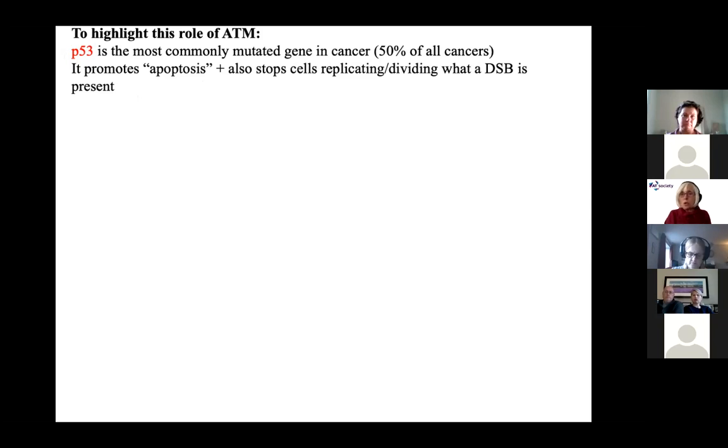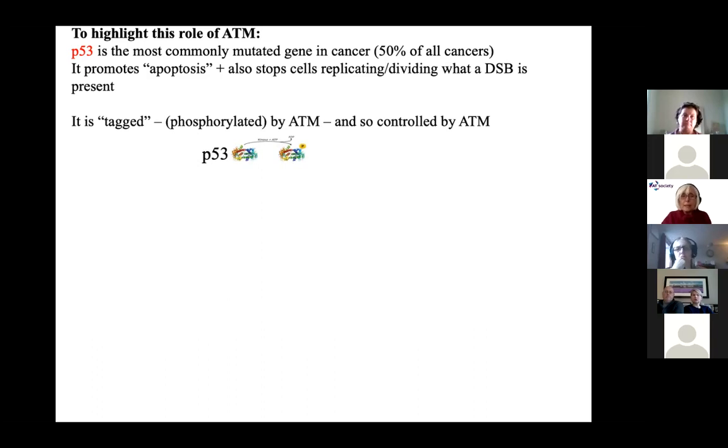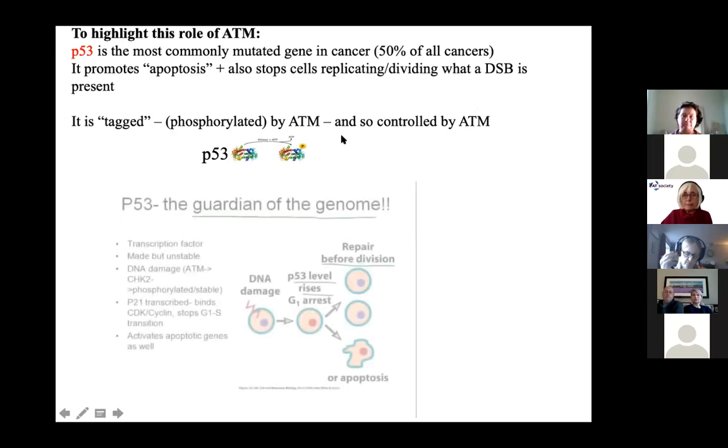And it also stops you progressing and doing things when you've got a double-strand break present. So you may think, oh, isn't that what I said ATM does? And it is. And it's one of the proteins that is tagged or phosphorylated by ATM. So it's controlled by ATM.